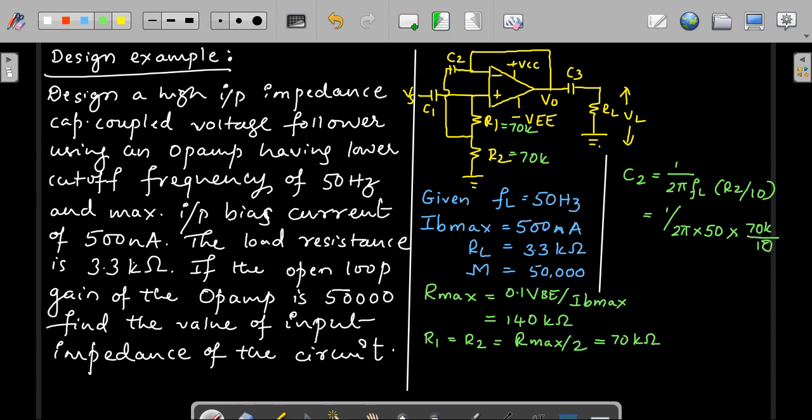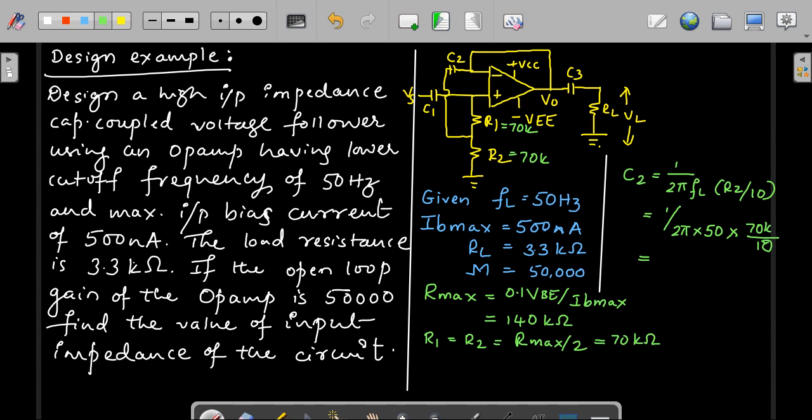If you calculate this, 1 divided by 2 pi into 50 into 70k divided by 10, that is 7000. This comes to be somewhere around 0.454 microfarad, if I am right.